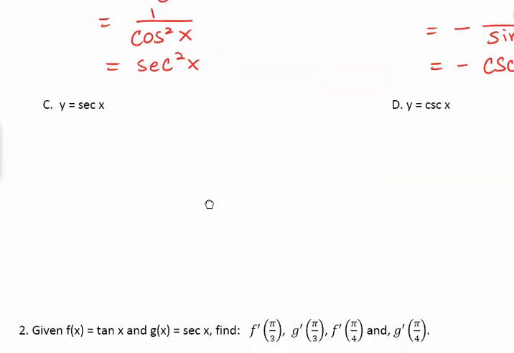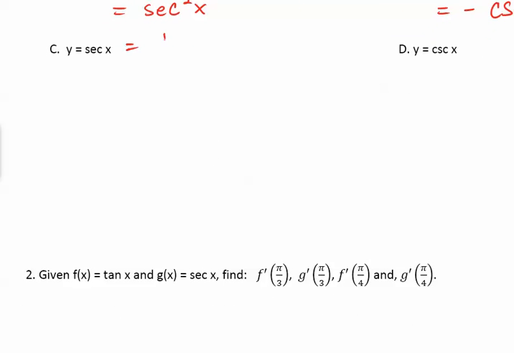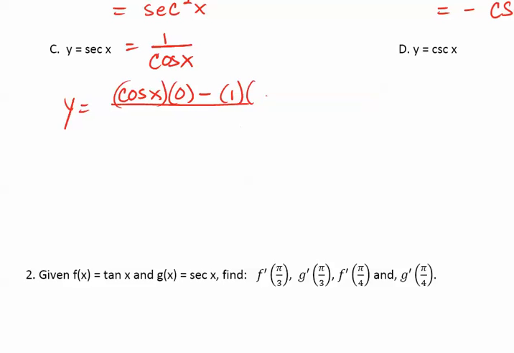All right, and then we have secant, 1 over cosine of x. So repeating our quotient rule in each case, low d high, the derivative of 1 is 0, minus high, d low, the derivative of cosine is negative sine, all over the denominator squared. So we've got 0 plus sine of x.